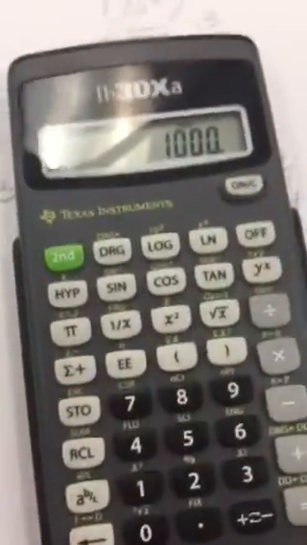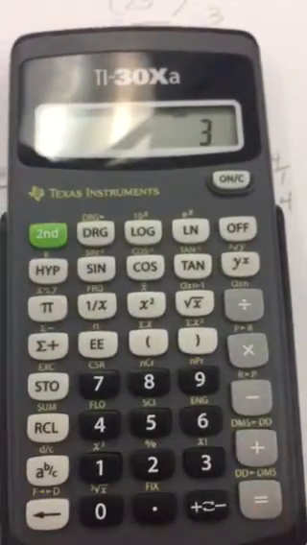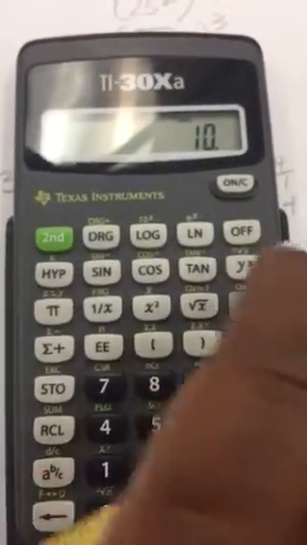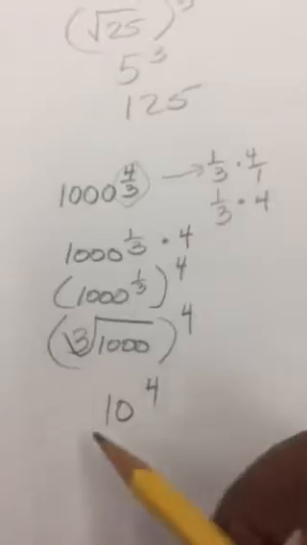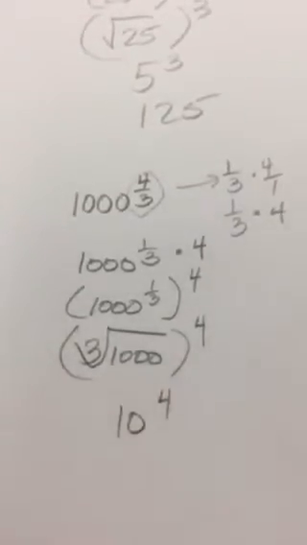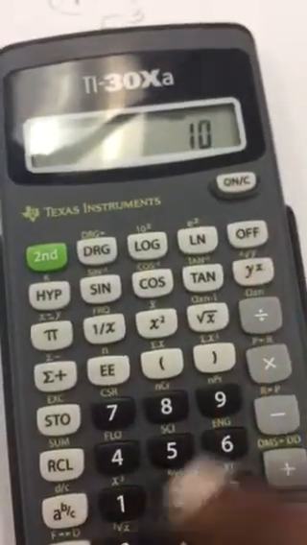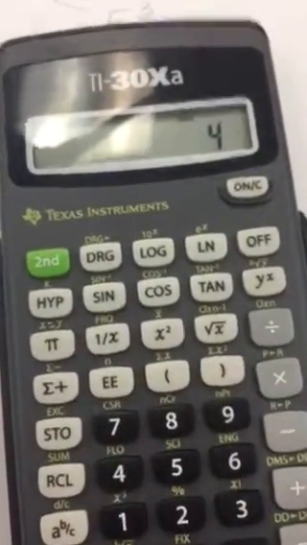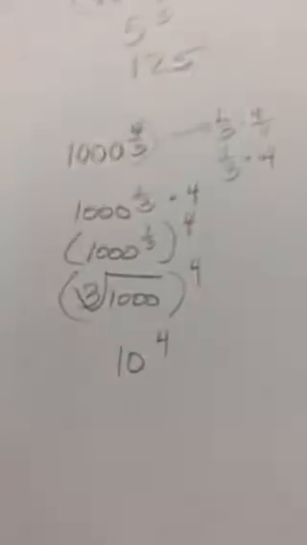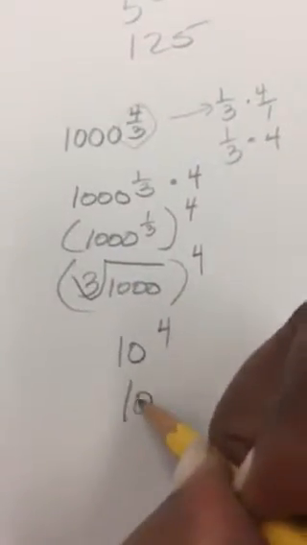Nope, it was the cube root. Hit enter, and yep, it's a 10. Then you put a 4 on it. So we want to know what's 10 to the 4th. Well, 10 to the 4th equals 10,000.